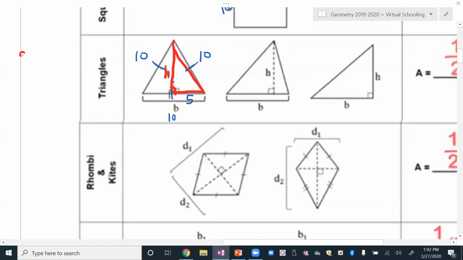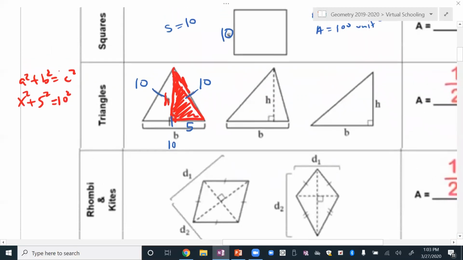So from here, you're going to use a squared plus b squared equals c squared to solve for your height in this case. So I'm just focusing on this red triangle. So in this case, you'll have x squared plus 5 squared is equal to 10 squared. Because remember, c is always the line that never touches the box.